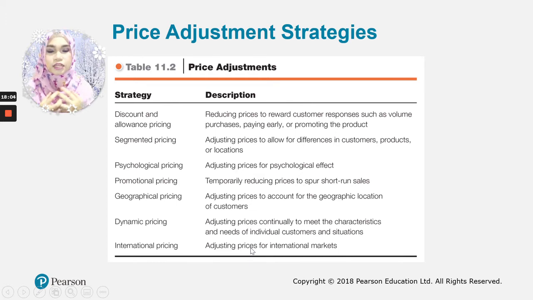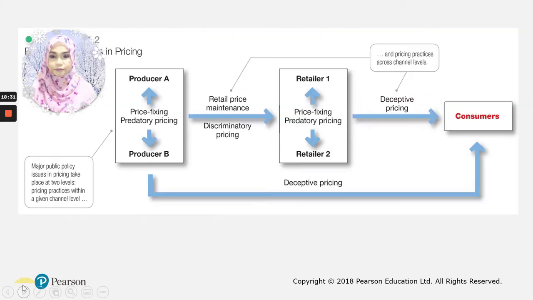Most theme parks in Malaysia, or even the national parks in Malaysia, will say that if you go to Sarawak Cultural Village, if you are Sarawakian, you have a different price. If you are West Malaysian, you have a different price. If you are an international tourist, then there will be an international price. So that is the international pricing included in this particular strategy.